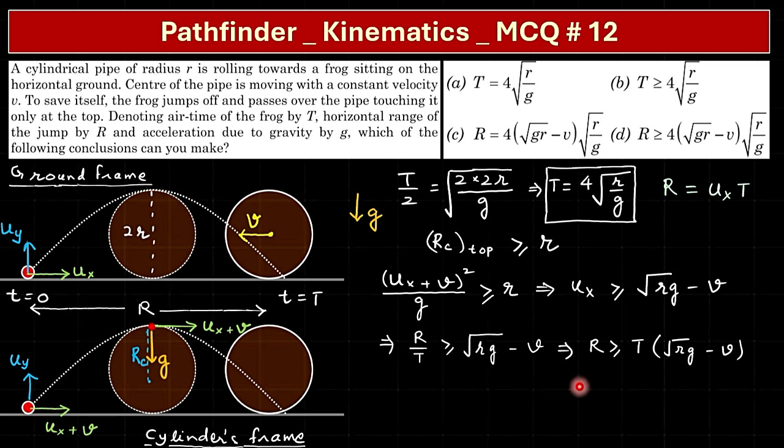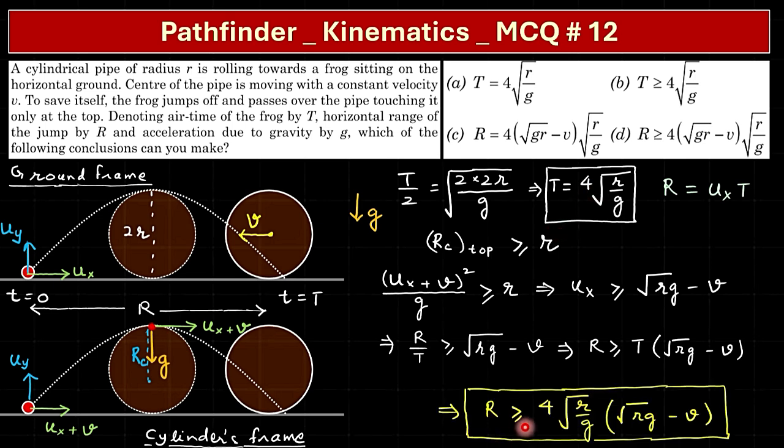So R should be greater than T times square root of rg minus v, and putting the value of T from here, we finally get R should be greater than 4 square root of r by g into square root of rg minus v. So we got the expression connecting the range, the radius, and the velocity of the cylinder, and that is option D.